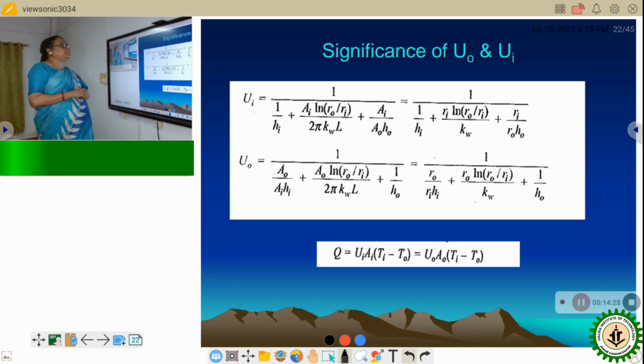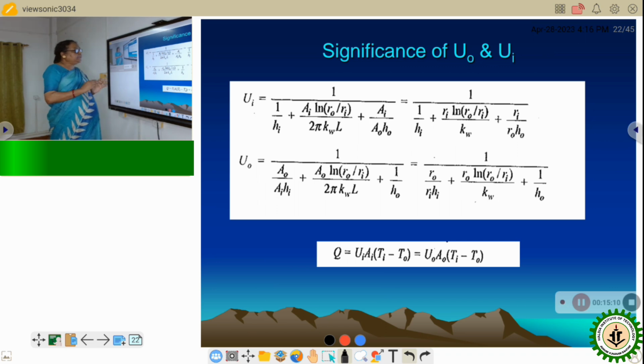Now what is the significance of the overall coefficients Uo and Ui? 1 by Ui is equal to 1 by hi plus Ai ln of Ro by Ri divided by 2 pi Kw L plus Ai by Ao ho. If I simplify this equation, we get 1 by hi plus Ri ln of Ro by Ri divided by Kw plus Ri by Ro ho. This is Ui, the overall heat transfer coefficient based on the inside area.